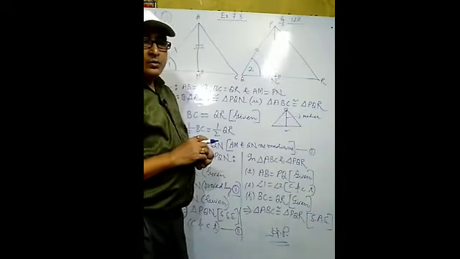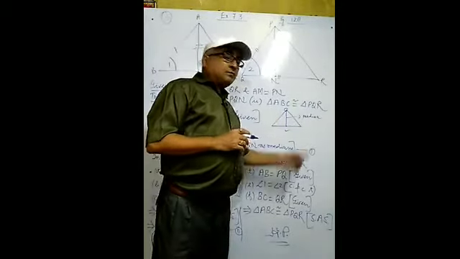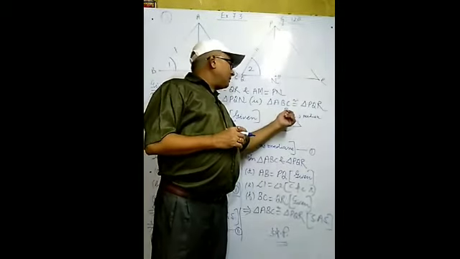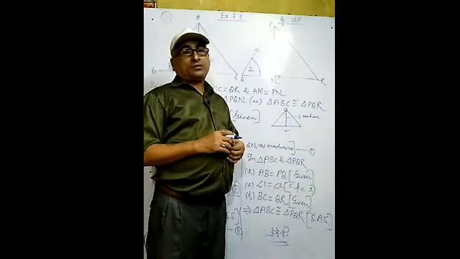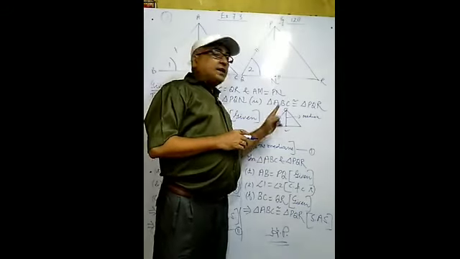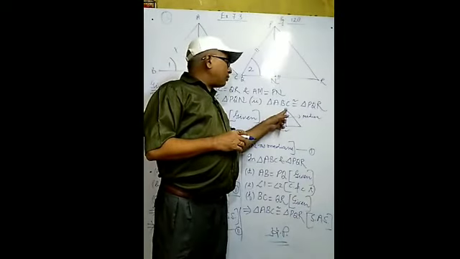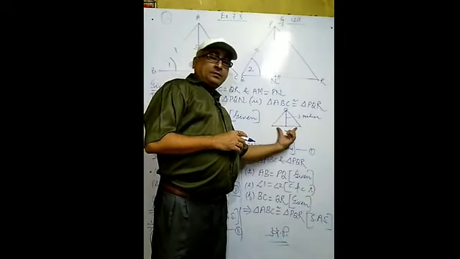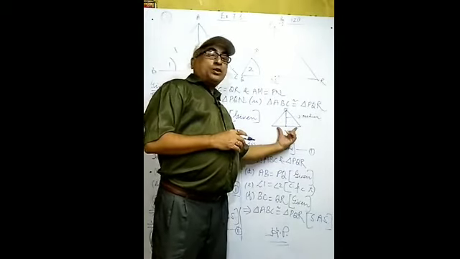Once again follow. What is a median? If you take a triangle and select any one of the three vertices, so this vertex is taken, so what will be the opposite side? Opposite to this vertex is this side, so we have to take the midpoint of the opposite side.